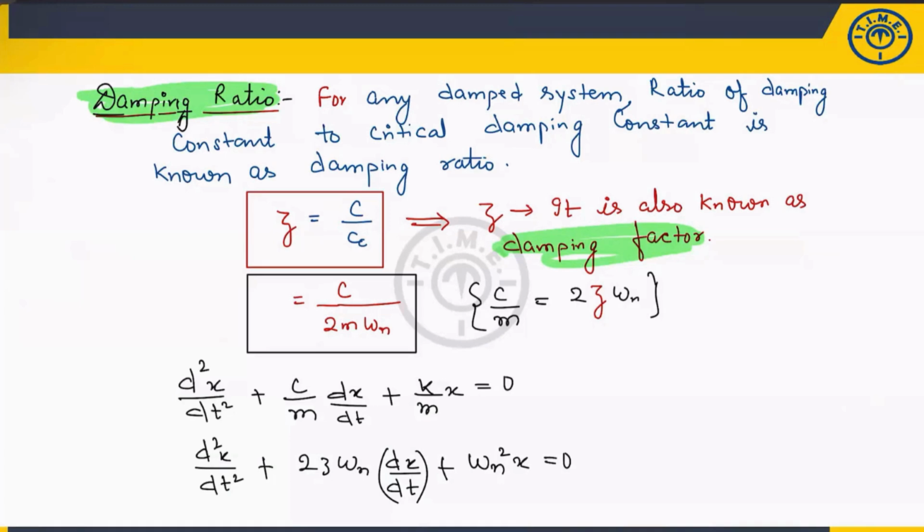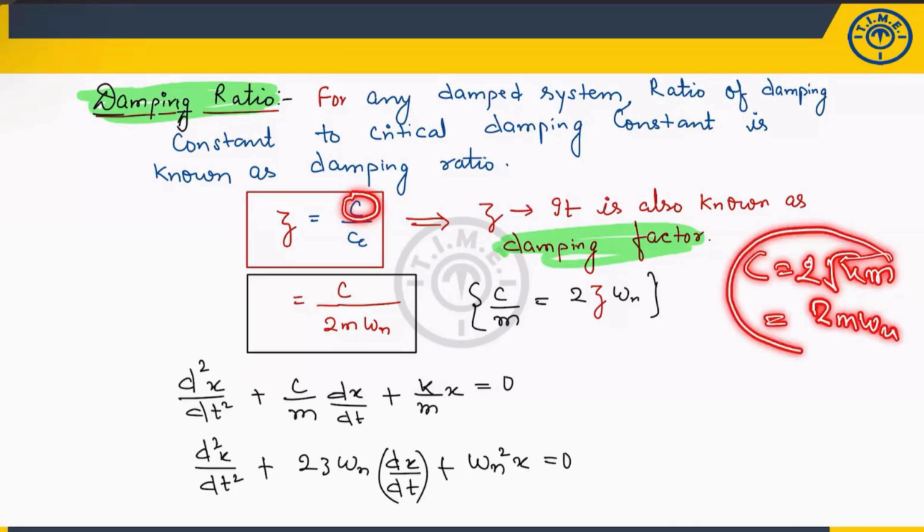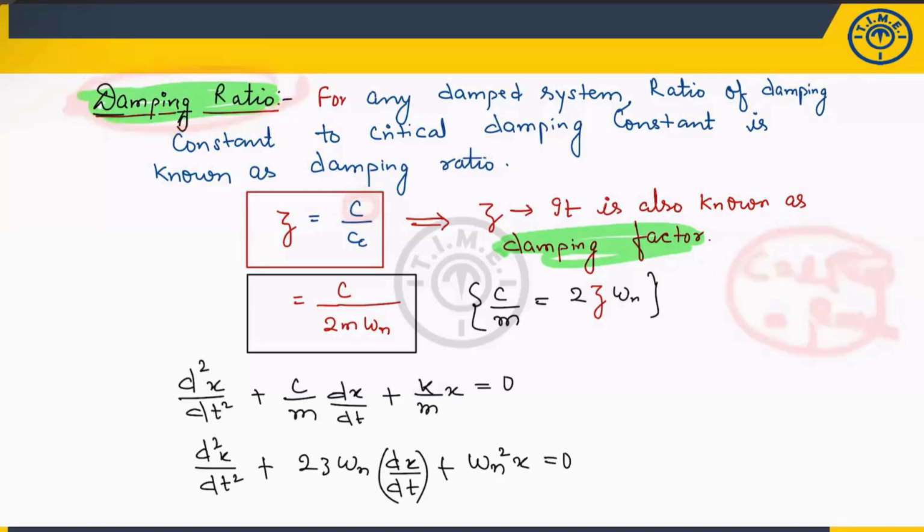So what I have discussed: the damping constant value you can calculate as 2 root of km, or in terms of omega n, 2m omega n. These are two important formulas. The next terminology is the damping ratio, defined as the ratio of C by Cc. Sometimes the damping ratio or damping factor is given and you have to calculate the Cc value.